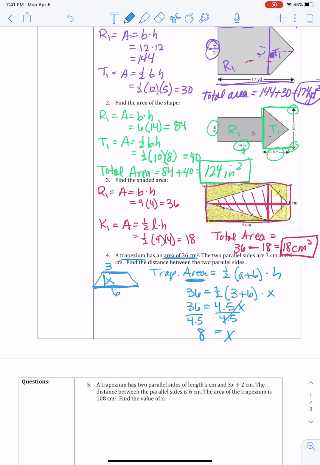X is 8. So what does that mean though? That number is the height, or the distance between the parallel sides. So make sure as you answer these that you understand what you are solving for.